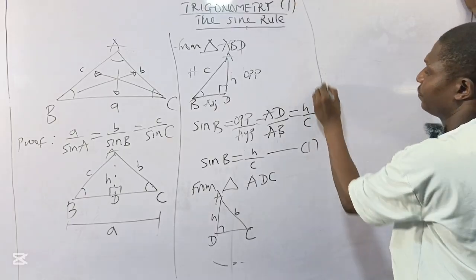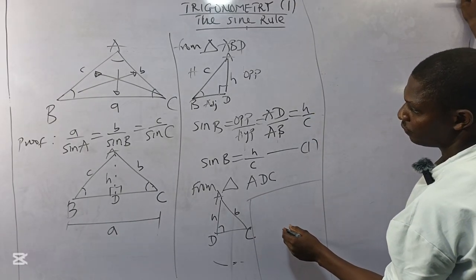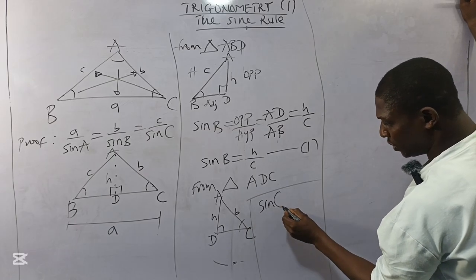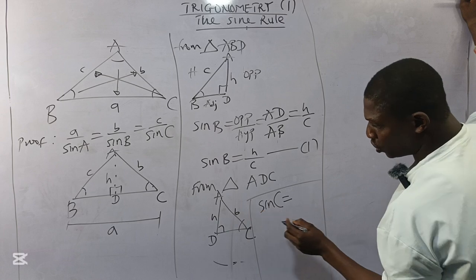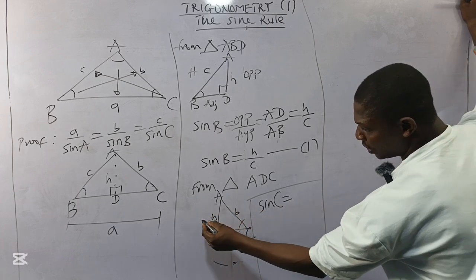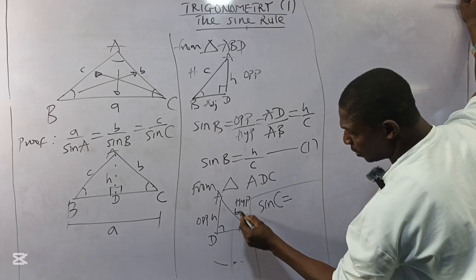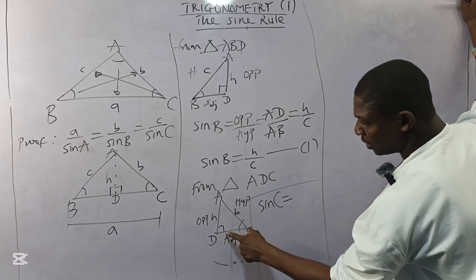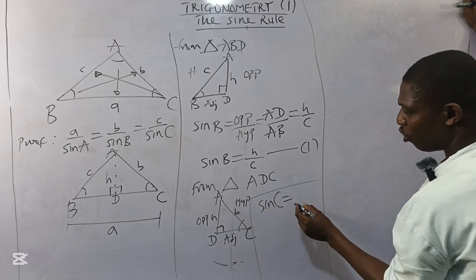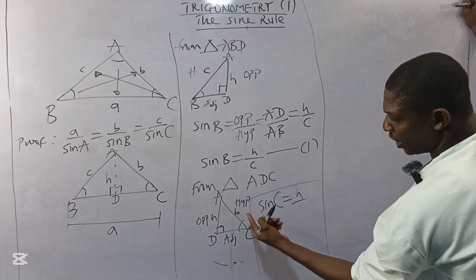I will have sine of angle C, which is capital C. Opposite again, this is where the angle is facing. This is my hypotenuse, and this becomes my adjacent. This is where the right angle is facing, remember. So sine C, my opposite simply is h, and my hypotenuse is b.